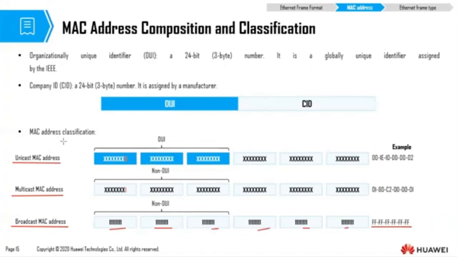Now let me show you how you identify that the MAC address is a unicast MAC address or a multicast MAC address. Please remember that you're going to find this in the exam.